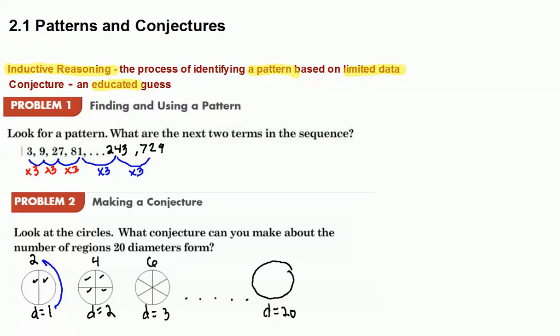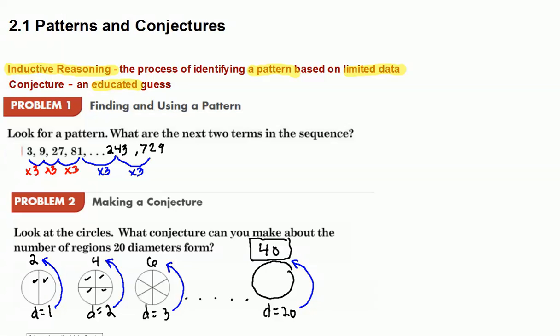For a diameter of 1, I get 2 pieces. For a diameter of 2, I get 4 pieces. For a diameter of 3, I get 6 pieces. So notice that really we're just doubling the diameter to get the number of pieces. So that means that if I double 20, I'm going to get a value of 40 pieces, and therefore the answer would be 40.